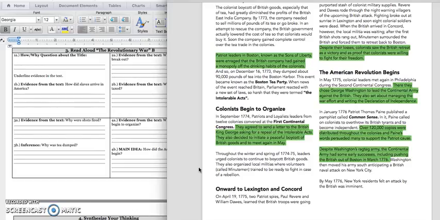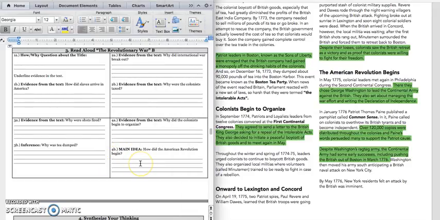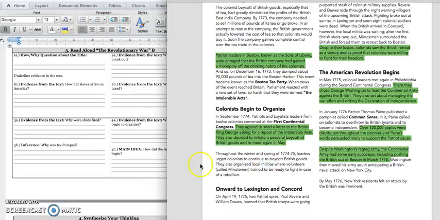Box 4A asks us, why did the colonists organize? And if we go back in our text, they went to the First Continental Congress because they wanted to write King George a letter asking him to repeal the Intolerable Acts and to organize a boycott of British goods.